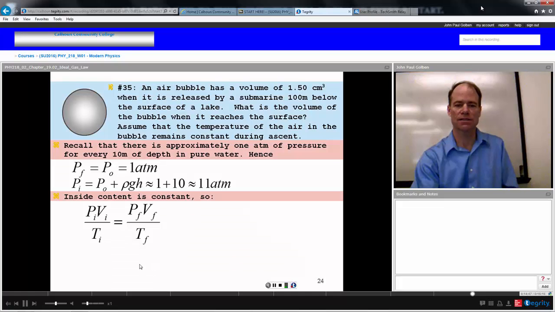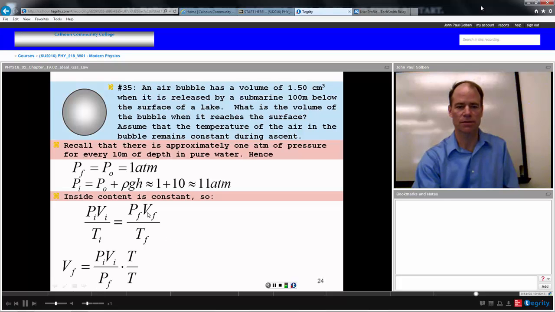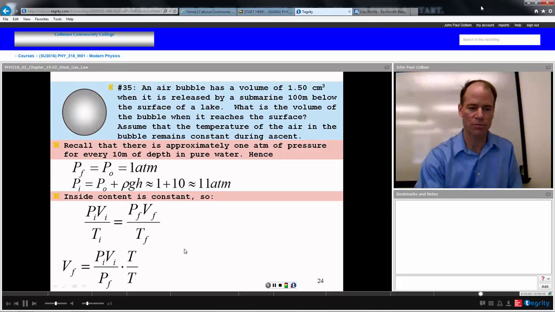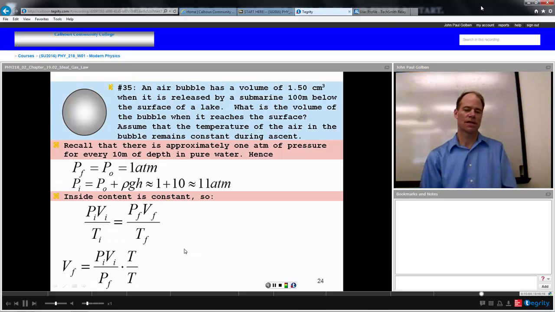The content is the same, and so we want to solve this for the final volume. So bring our final volume over, multiply both sides by the final temperature, and divide by the final pressure. So our final volume is initial pressure over final pressure times the initial volume.